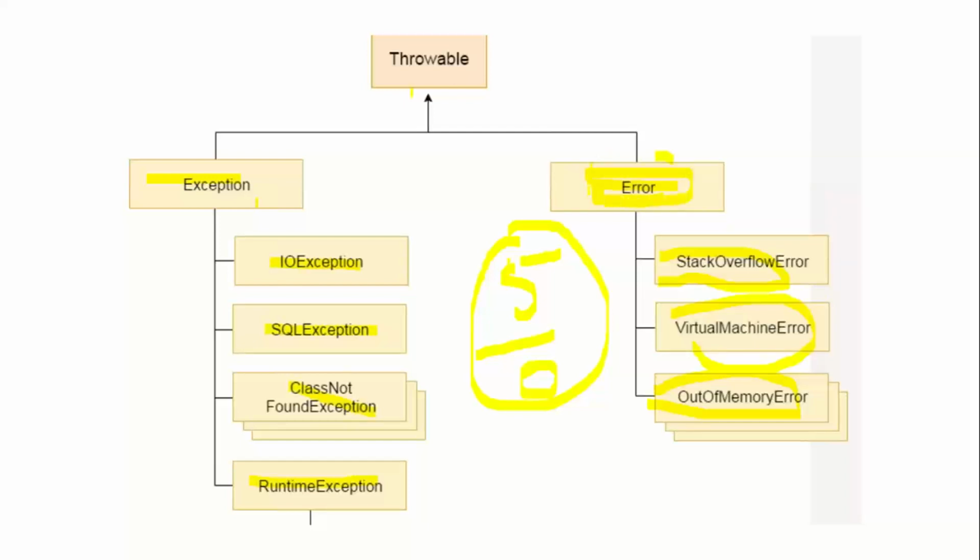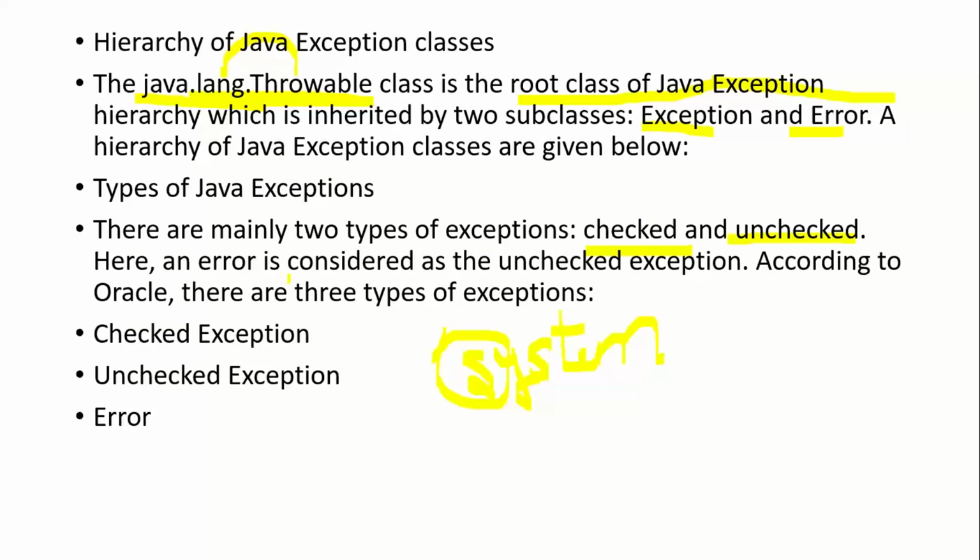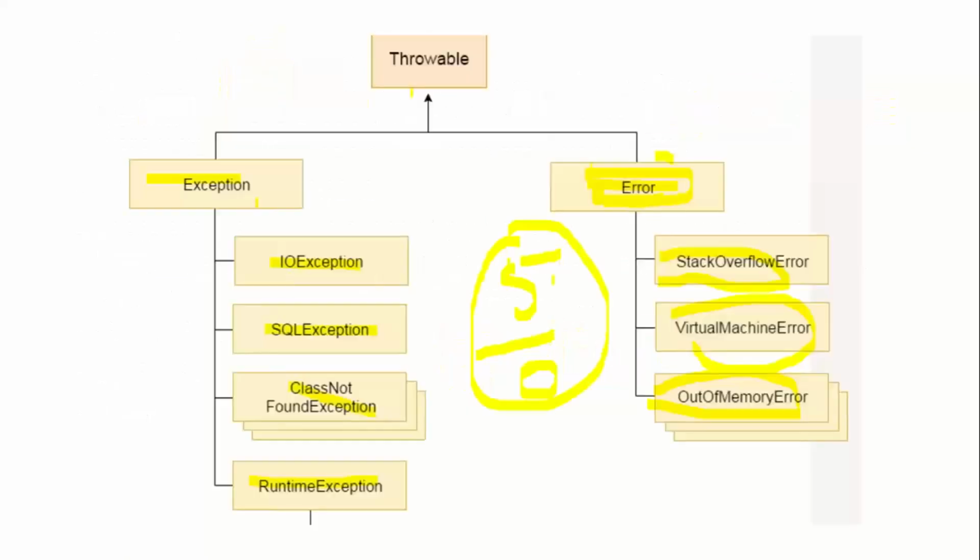The programmer must be very careful such that these errors won't arise, because he can't handle the errors. Checked and unchecked exceptions can be handled by the program, but errors can't be handled by the programmer. See, StackOverflowError: when your stack is full but it's still trying to put some data into it, such kind of errors will arise.